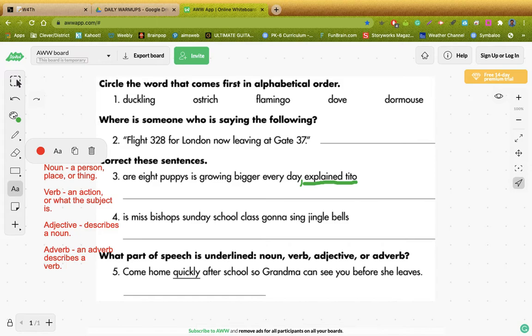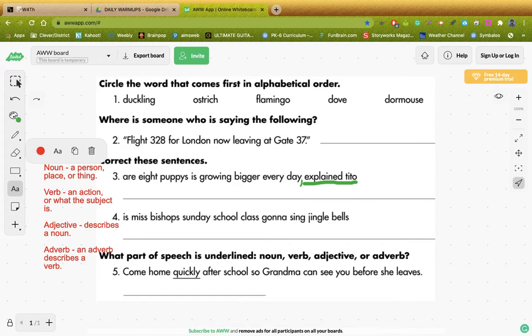And an adverb describes a verb. So if I said this sentence, he quickly ran home. Let's say that. He quickly ran home. Well, how did he run? Quickly.